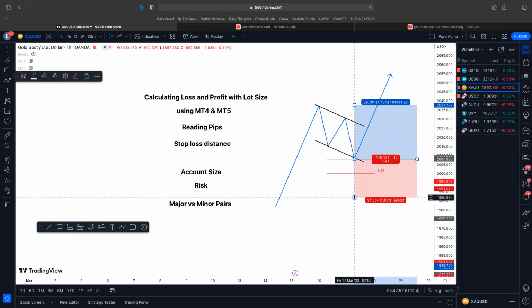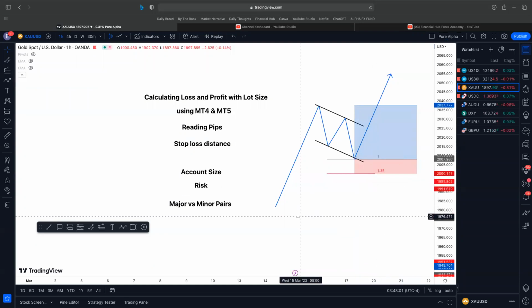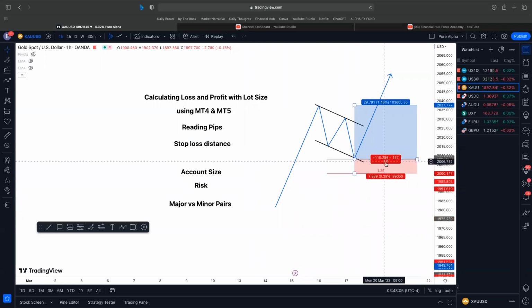That's where our target is going to be, and your stop loss is going to be at the 1.35 level of the equidistance tool. Now you can see it's giving us a risk reward of 1:3.8. That's a very good risk reward, meaning if you're risking 1%, you're going to make about 3.8% on that trade. A very good risk reward ratio, if you ask me.